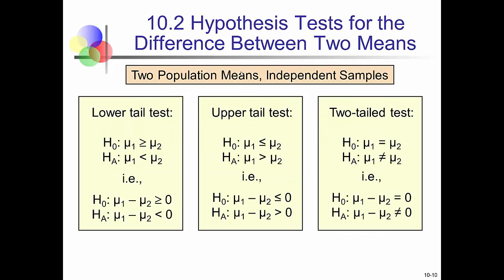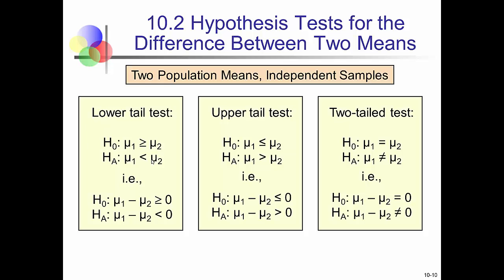We want to be able to perform hypothesis tests also when we're talking about two means. We might want to be able to say that mean 1 is less than mean 2. To be able to prove that, we need to form a hypothesis test and conduct that. So we might be interested in proving that the population mean from the first population is less than the population mean from the second population, which means we'll assume the opposite.